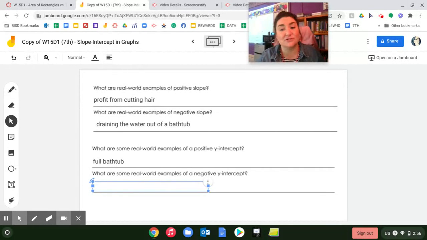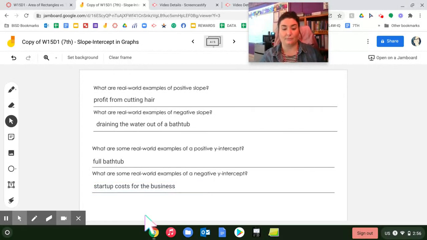They do not start at 0, 0. This would be something where at 0 x value, you're starting below 0. For example, with the hair salon, there were startup costs for the business. So think of something that starts below 0. It could be temperature. It could be depth in the ocean. Any of those things, go with that.